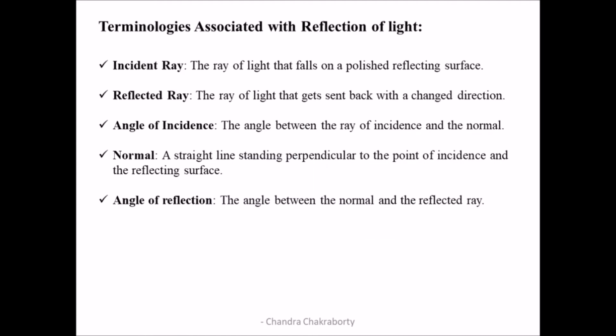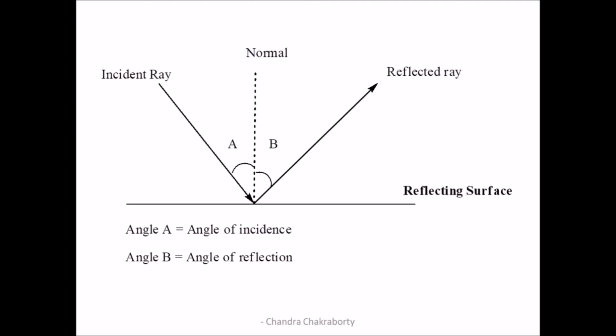Now, let's talk about some terminologies associated with reflection of light. Before we move on to these points, let us have a look at this image. Here we can see a plane surface, which is called the reflecting surface. The ray of light that strikes the reflecting surface is called the incident ray.